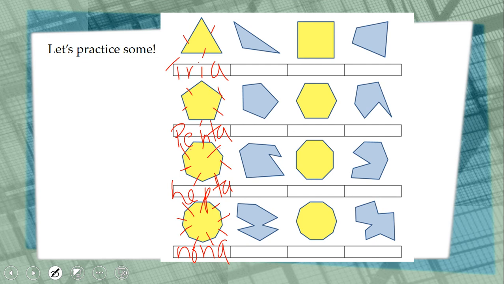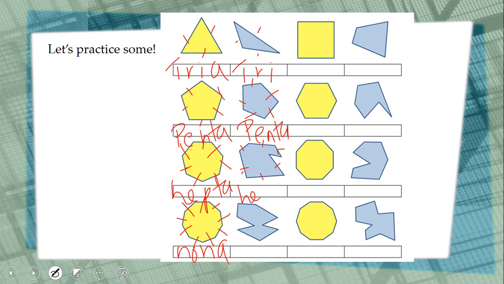Now remember that even though it doesn't look like a triangle, this one, 1, 2, 3, is still called a triangle because it has 3 sides. Okay? So this one, 1, 2, 3, 4, 5, will still be a pentagon because it has 5 sides. And what will this one be? 1, 2, 3, 4, 5, 6, 7 with 7 sides.